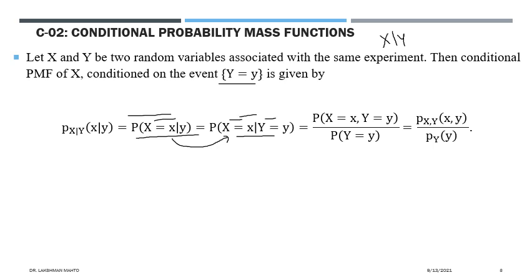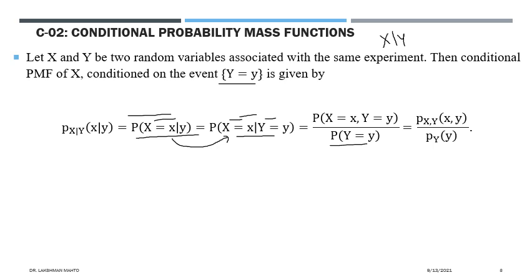So how do we define this conditional probability? We define it as a ratio of the joint occurrence of this event and this event, that means how many times this event is happening within this event, divided by the total occurrence of this event, that means the probability of occurrence of this event.